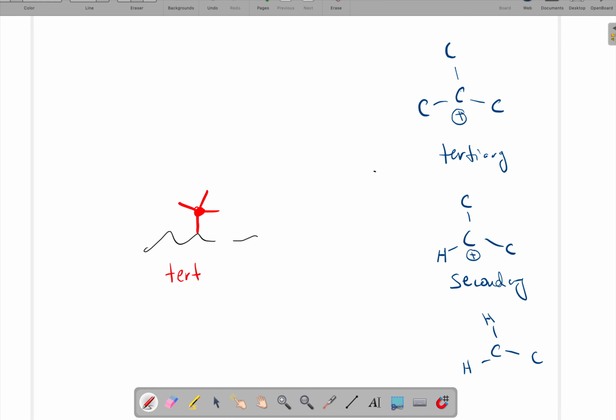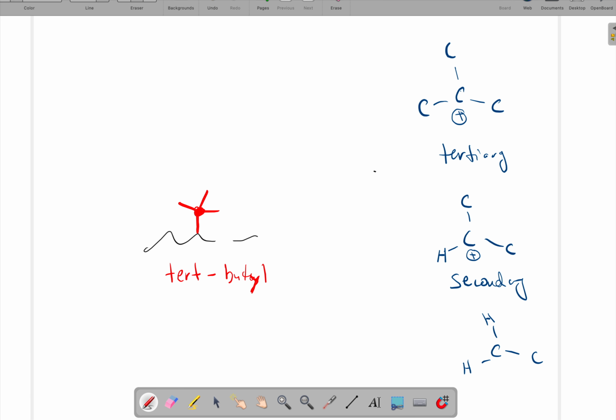Okay. Just like the secondary, I need to include that stupid little dash. So it's tert dash. Now how many carbons have I shown? So tert butyl. That's a while. So that substituent is now referred to as a tert butyl.